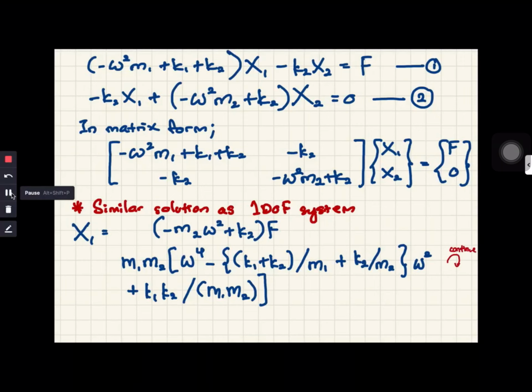Okay, so this is for X1. So similar thing we'll do for X2.